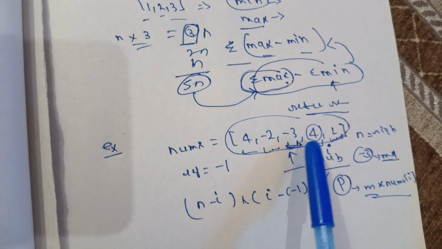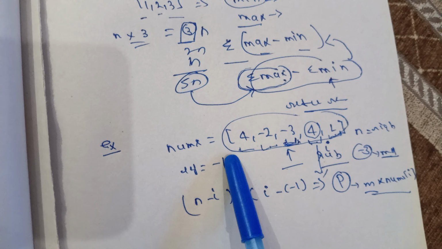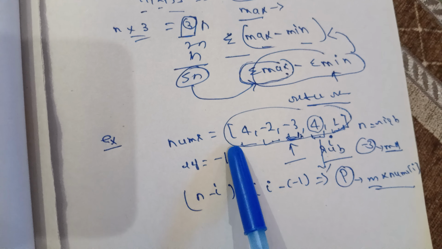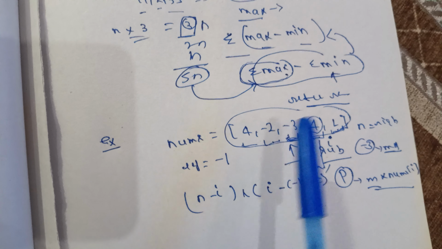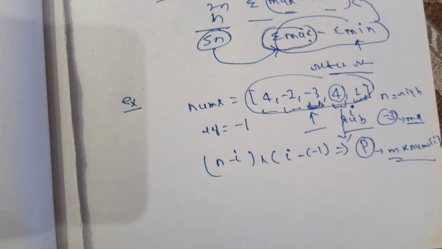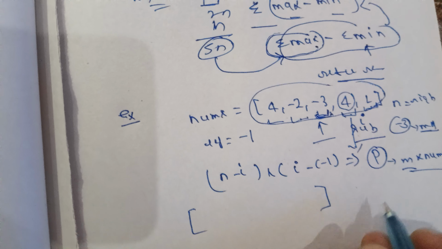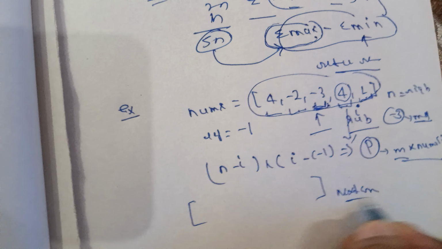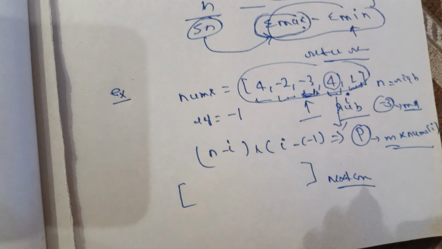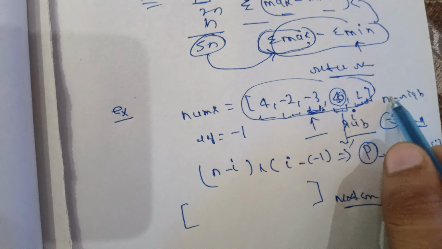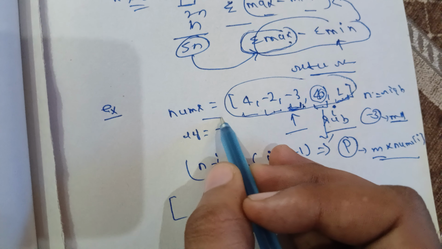So how can we check, for this index, which index has a number greater than this? For this we have to create a monotonic stack of next greater element, the element which is greater than 4. So here we found nothing, and here we found nothing.